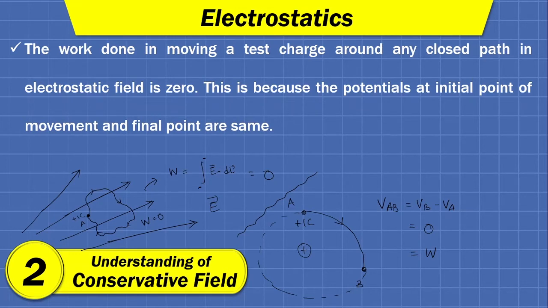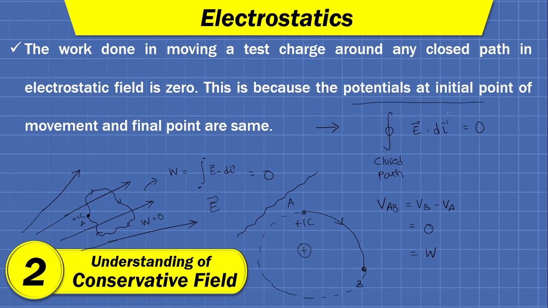So we can say any field is conservative if it satisfies the condition that the closed path integration of E bar dot dl bar equals 0.